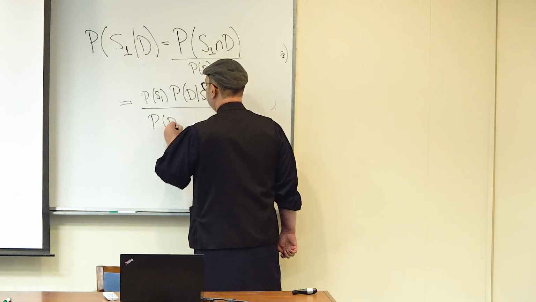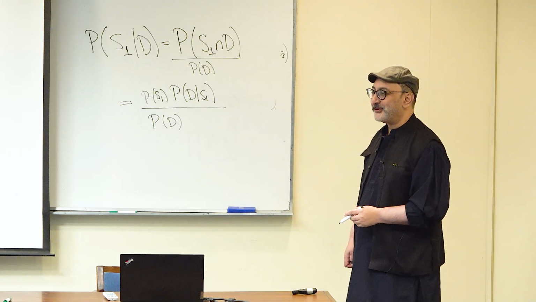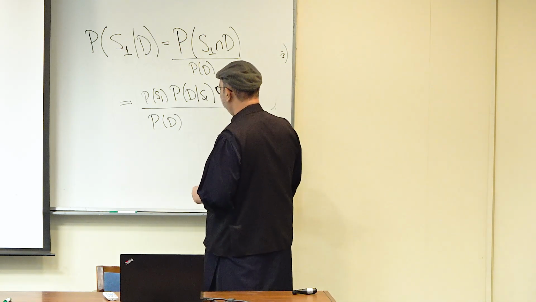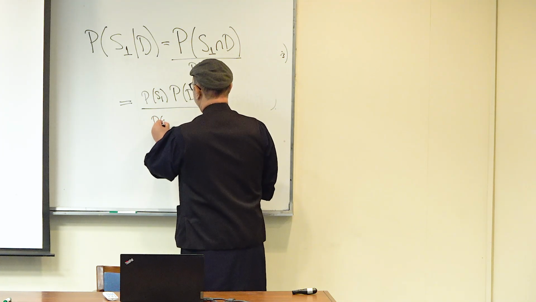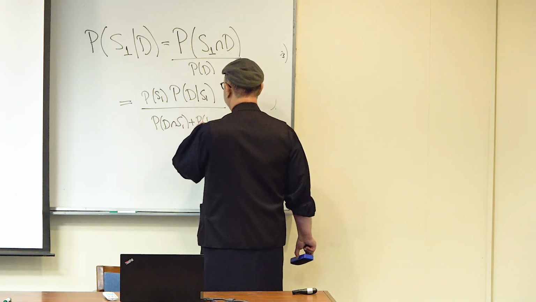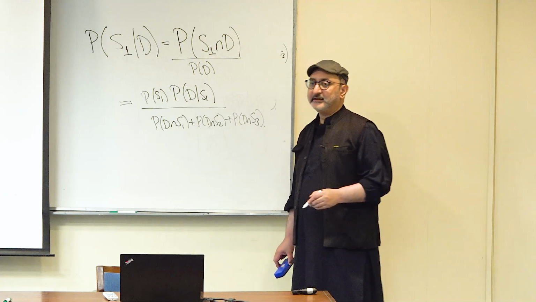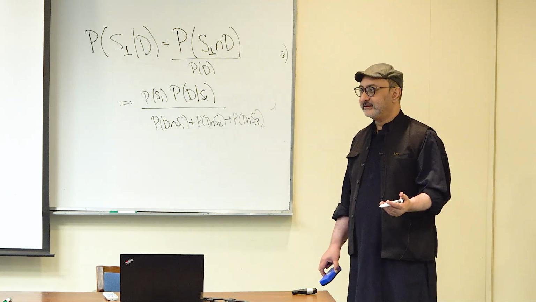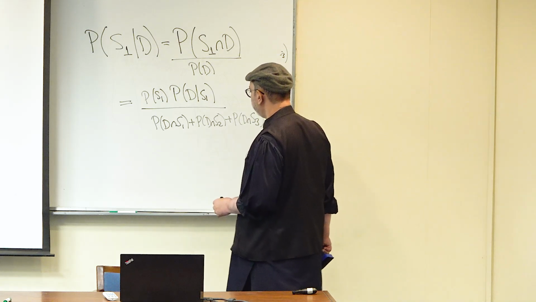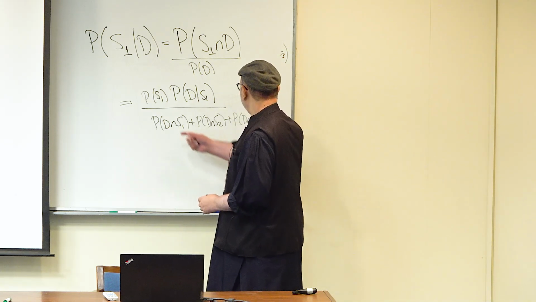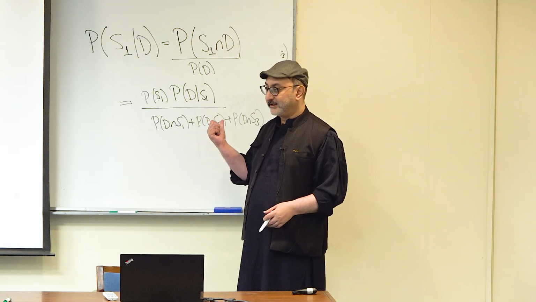the probability of D. Now, I've already calculated that, but if you wanted to show off, you would say that this probability of D is the probability of D intersection S1 plus the probability of D intersection S2 plus the probability of D intersection S3, because the events S1, S2, S3 partition S. And then you'd say, okay, wait a second, I don't have these, but I have conditional probabilities which involve those events.